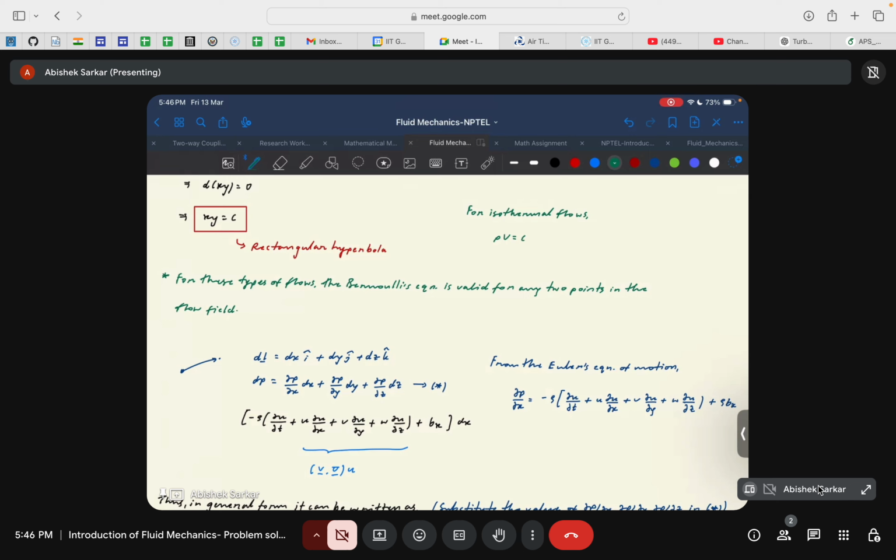You can see these are exactly the same, just replace the variables p and v with x and y. You will get the same equation. So in the case of isothermal flows, the pressure volume relation also turns out to be a rectangular hyperbola. You can look into more details on this and you will find it quite interesting, like why it is called a rectangular hyperbola. Maybe you can leave it as a homework for all of you, which of course no one will evaluate, but you can do it for your own benefit.